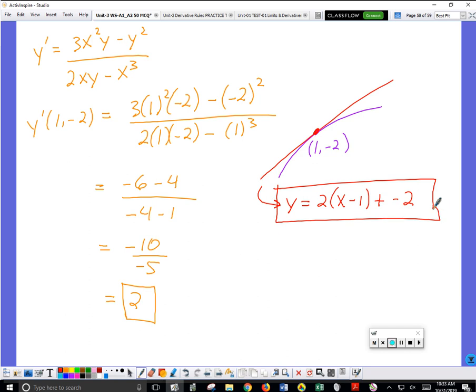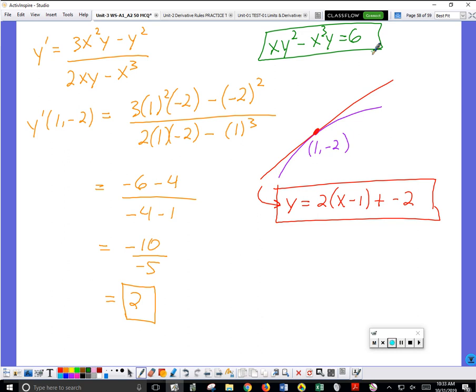Okay, so we've got several equations here you've got to keep track of. We had the original equation. Read that to me one more time, Carrie. What's the original equation? X squared minus X cubed Y. This is the equation for finding any point on the curve.